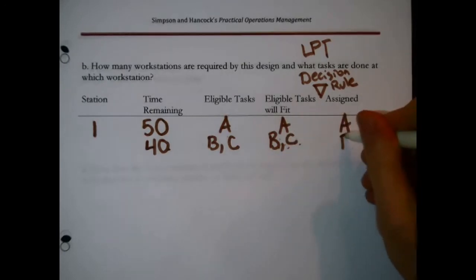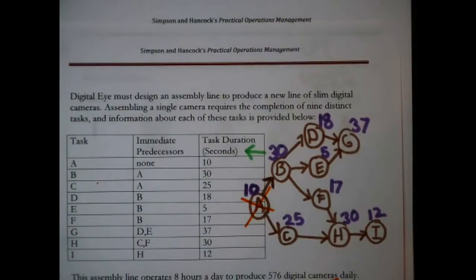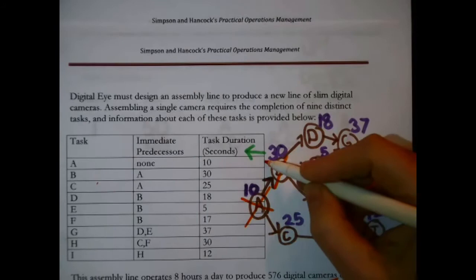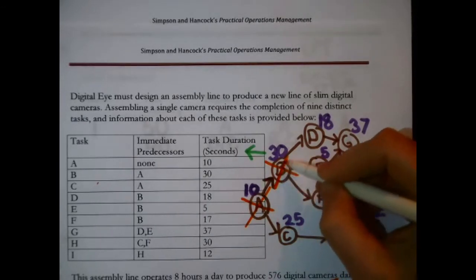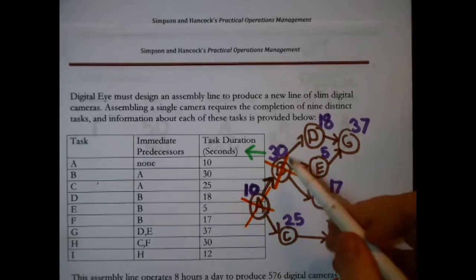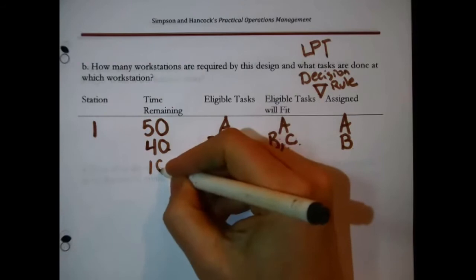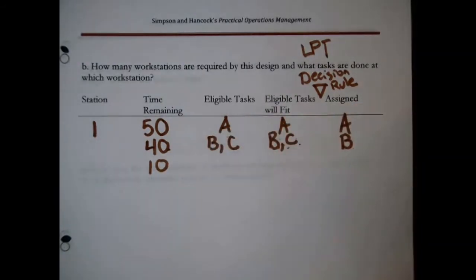Well, B is longer. It's 30 seconds, so it gets chosen. It gets the assignment. We now know where it will be completed at the first workstation. Okay, it's 30 seconds long. That does mean we have 10 seconds left at the first workstation. We have 10 seconds left.